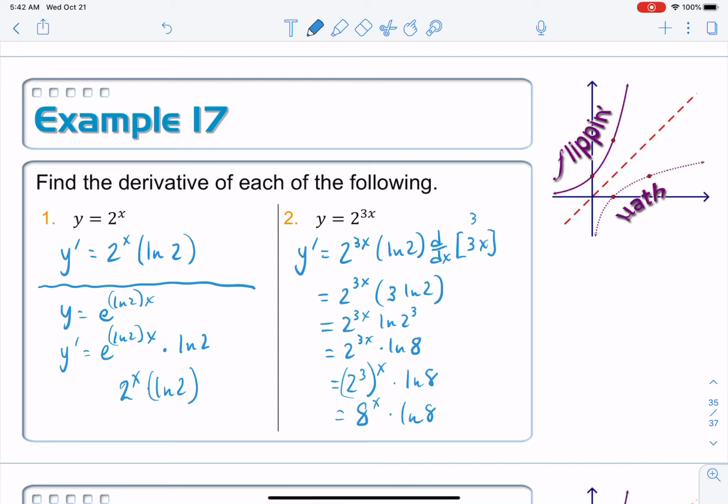It's weird because it's almost as if I took the derivative of 8 raised to the x. Because I did. It's just we didn't realize it. See what I just did right here? I rearranged this 2 to the 3x to 2 to the third raised to the x, which is the same thing as 8 to the x. So this function in disguise was 8 to the x, and you take its derivative, and it's 8 to the x, same thing as what we started with, multiplied by the natural log of that base.